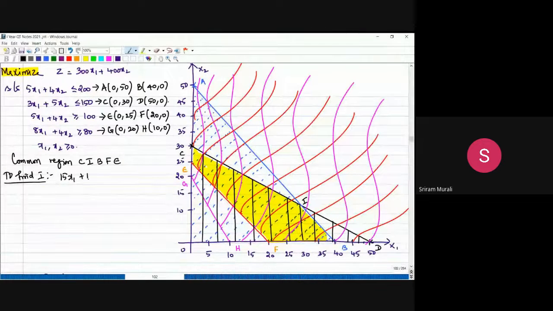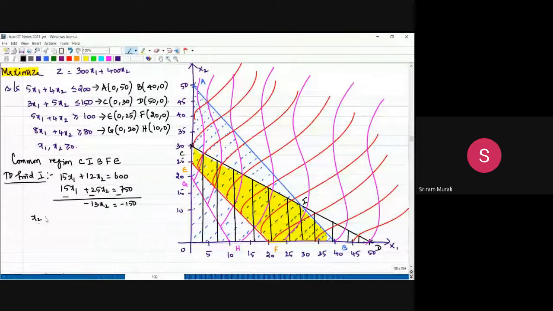15x1 plus 12x2 is equal to 600. It is 15x1 plus 25x2 is equal to 750. So cut this. Minus 13x2 is equal to minus 150. So x2 will be equal to 150 by 13.